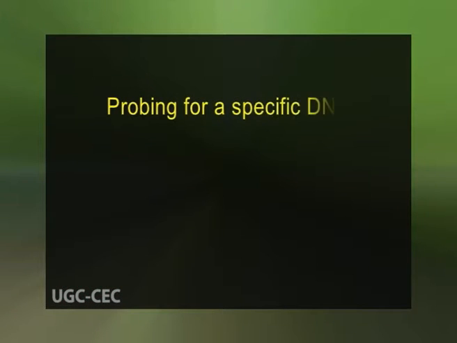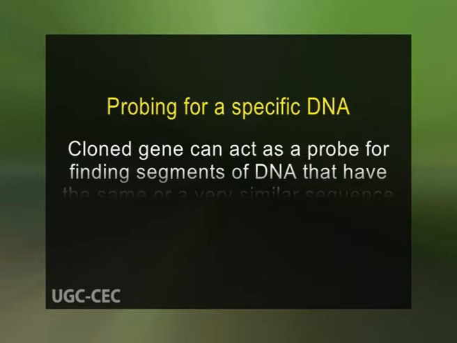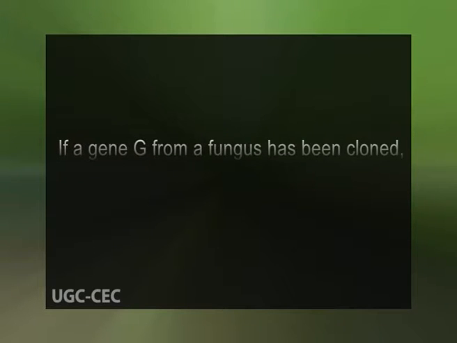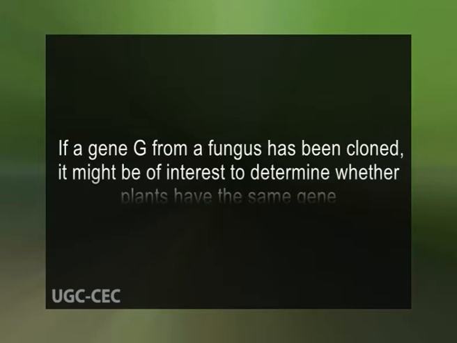Now, let us look at probes for DNA, RNA and protein. Probing for a specific DNA. A cloned gene can act as a probe for finding segments of DNA that have the same or a very similar sequence. For example, if a gene G from a fungus has been cloned, it might be of interest to determine whether plants have the same gene.